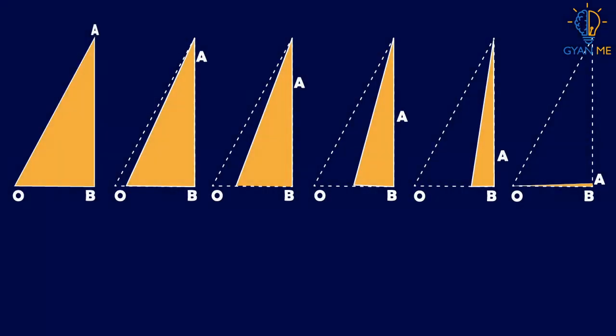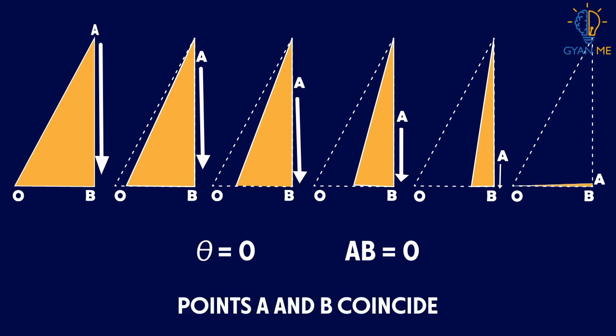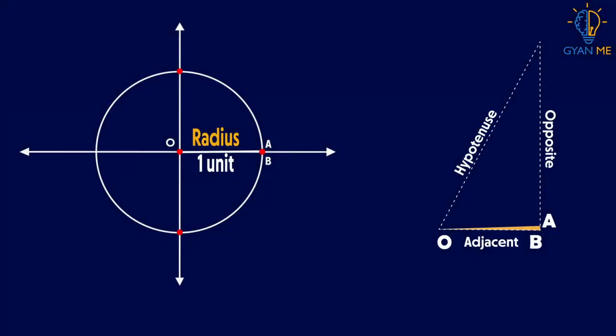So we can say that as theta decreases, point A gets closer to the point B, and finally when theta becomes 0, AB also becomes 0 and OA becomes same as BO. In other words, points A and B coincide like this. So what we see is just this line OB, which is same as OA.